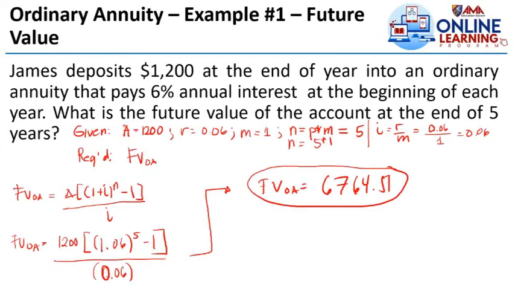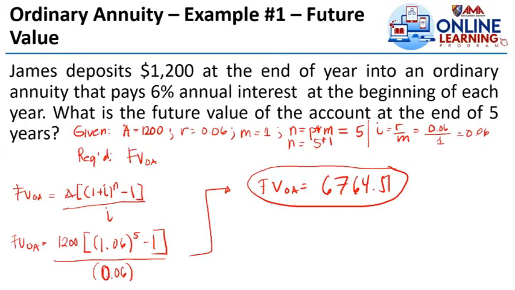Now, this is the first example for ordinary annuity. So James deposits $1,200 at the end of the year into an ordinary annuity. So napaka-obvious, no? So I'll make it like that yung problem para hindi naman kayo mahirapan. So naka-indicate na agad na ordinary annuity para hindi na kayo mahirapan. Okay?